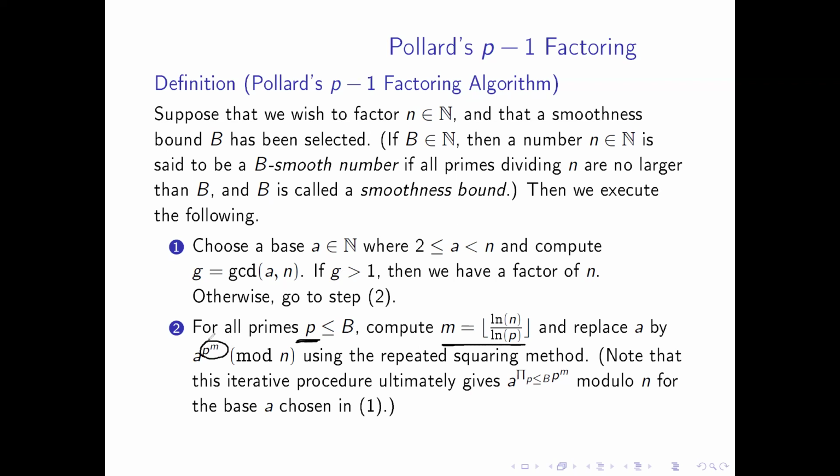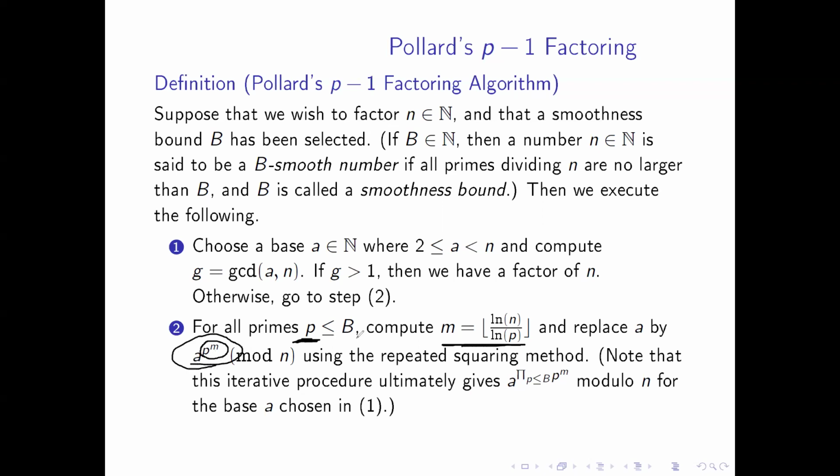We're now going to take that number to the p to the m, where p is the prime I picked, and m is this rounded down value. By doing that repeated square process, we just square it up and replace it in. This whole thing becomes my new A.